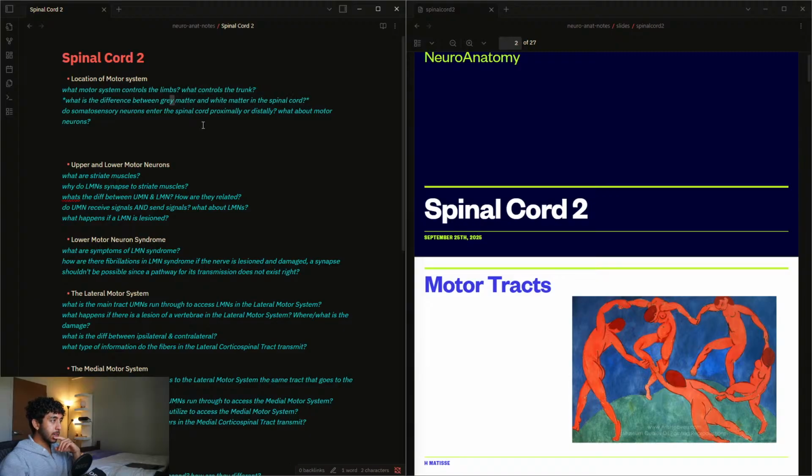What's the difference between gray matter and white matter in the spinal cord? I want to say that gray matter may control the motor systems. No, it doesn't.